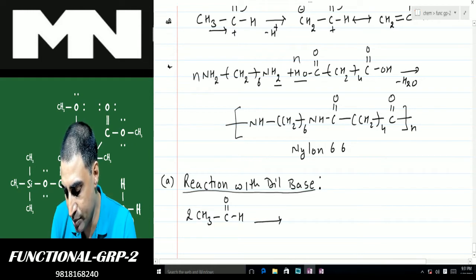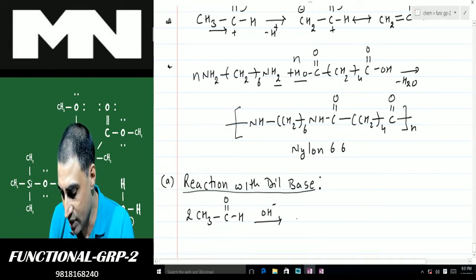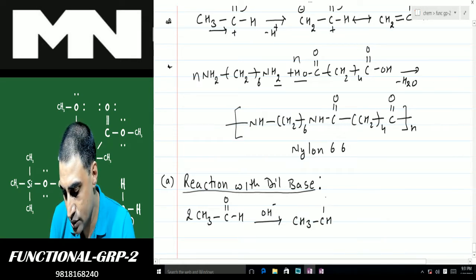In the presence of a base, one of them will act like an acid. So it will generate a nucleophile. I will get a compound CH3CHOHCH2CHO.